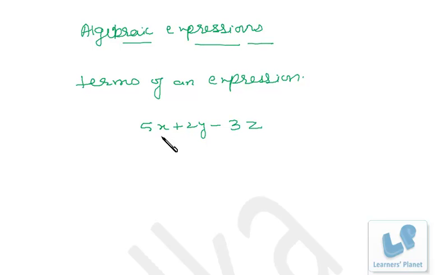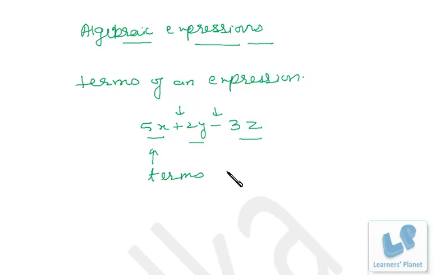Now friends, here you can see this part, and this part. There are 3 parts in this expression, right? And these 3 parts are connected with mathematical operations. These 2 are connected with plus, these 2 are connected with minus, right? So these different parts are called terms of an expression. Here the terms are 5x, 2y and 3z, right?